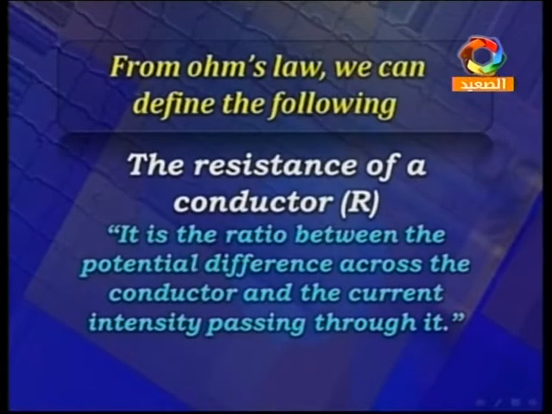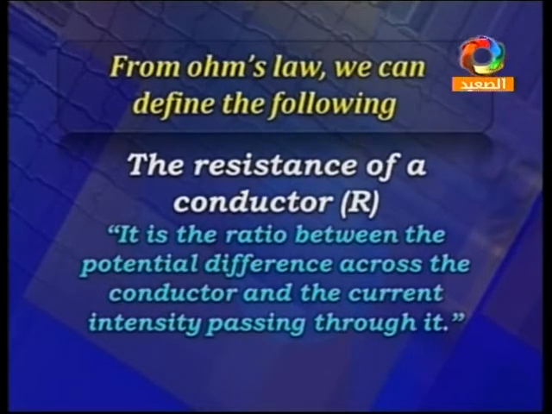After that, from Ohm's law, we can define the following: the resistance, the electric current intensity, the ampere. The resistance of the conductor R is the ratio between the potential difference across the conductor and the current intensity passing through it, because R equal V divide I, it is a relation between them.